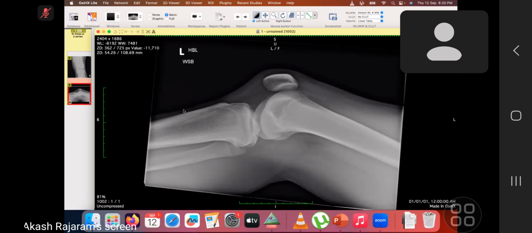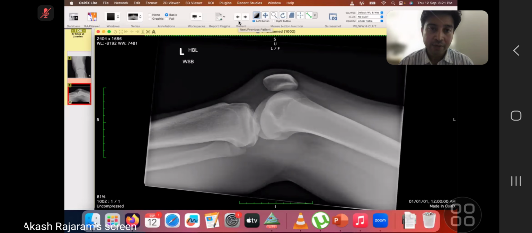I can't see any bony fracture line or any gross lytic or radiolucent lesion. There is no obliteration of the joint space or soft tissue masses. So you want an MRI? We'll go to the MRI.